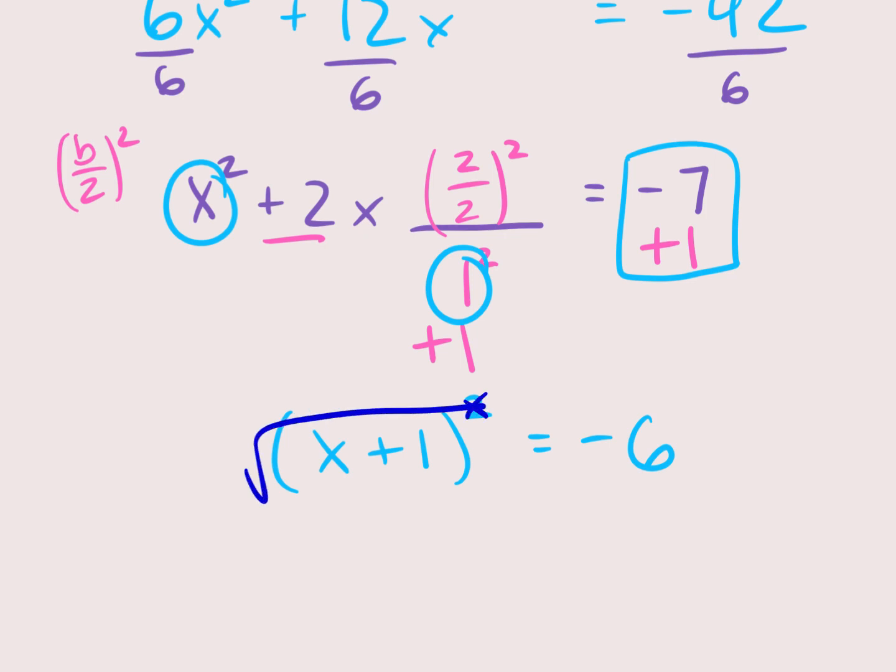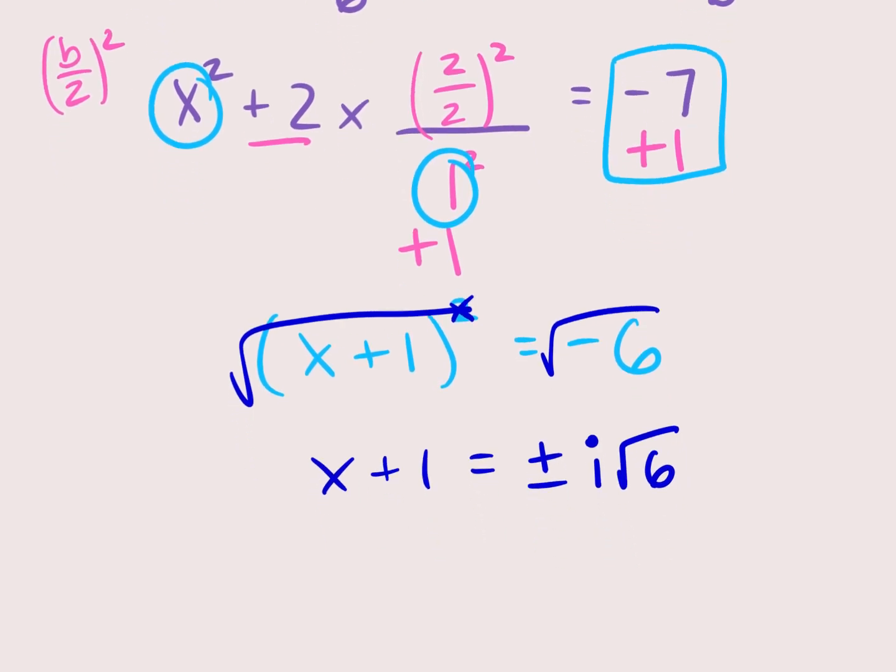Square root both sides. So x + 1 is equal to what? Plus or minus i square root 6.